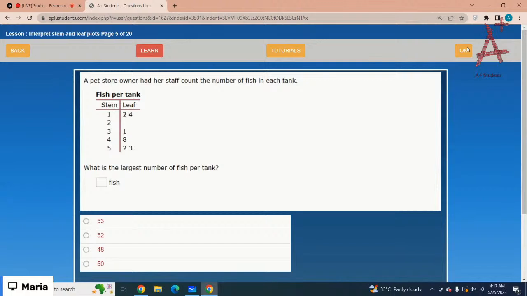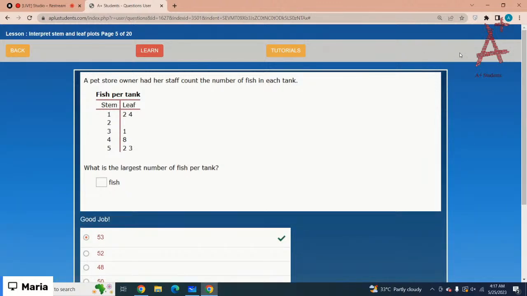The largest number you can make from the values is 53. So it would be 53.